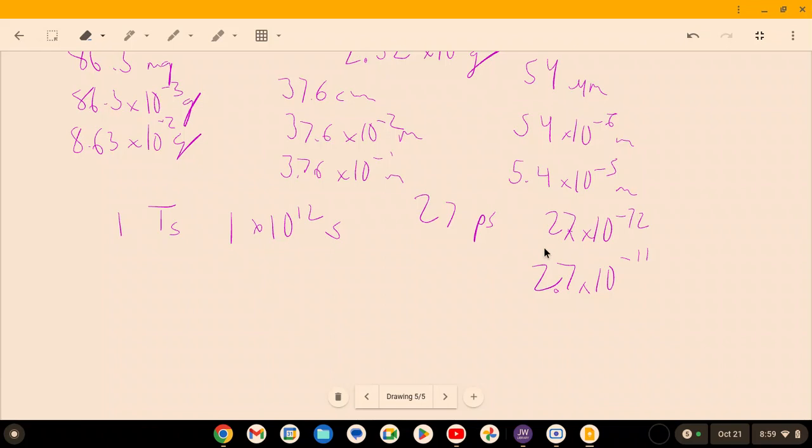Okay. 0.15 millikelvin. 0.15 times 10 to the negative 3 Kelvin. 1.5 times 10 to the negative 4 Kelvin.